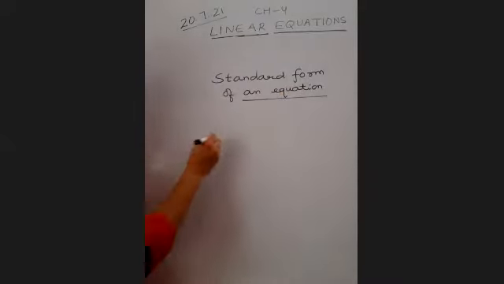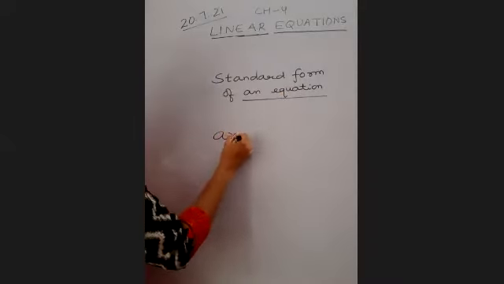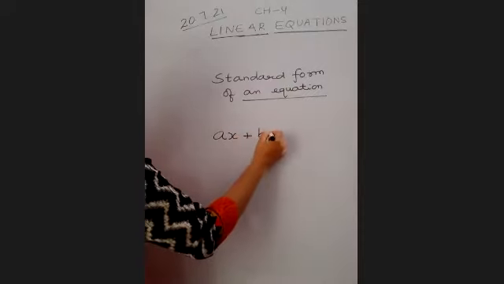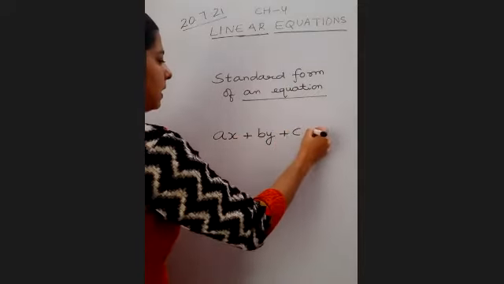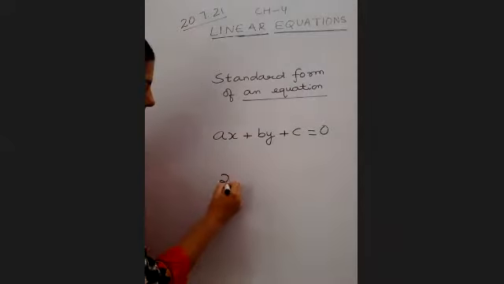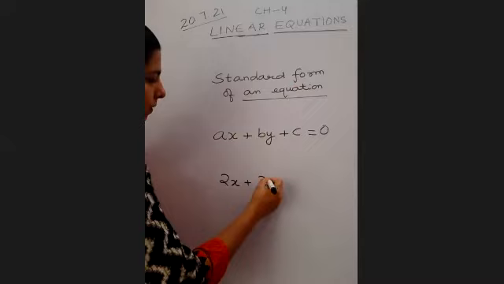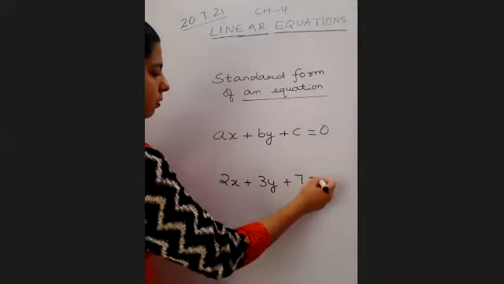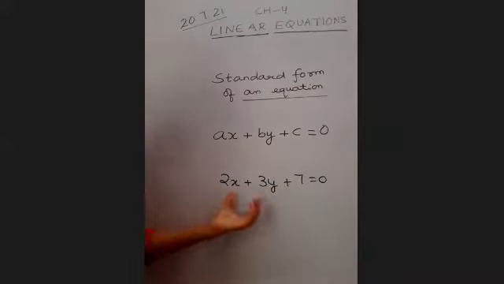We write it as ax plus by plus c is equal to 0. For example, 2x plus 3y plus 7 is equal to 0. This is a standard form.